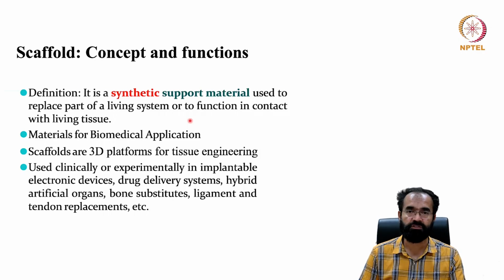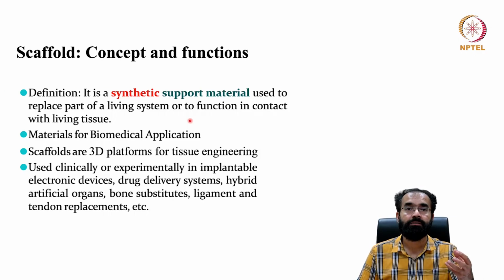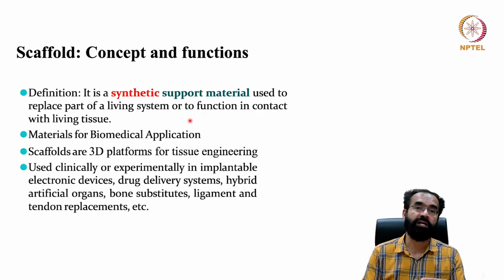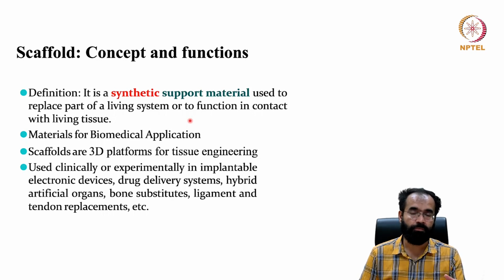Many times it's not possible, so you can artificially put in a cardiac valve made of non-biological material. It's made of plastic or other polymers, etc., but it functions in conjunction with the heart. It's not that the heart or your immune system rejects it. That biomaterial is so friendly that it will not create any trouble whatsoever, and it does the job just like any other normal cardiac valve.